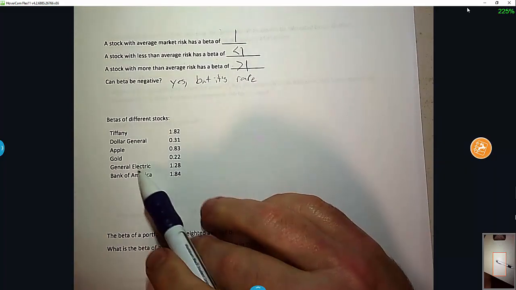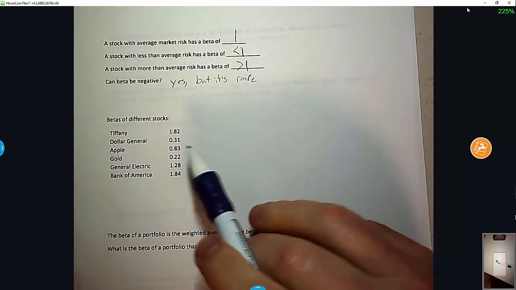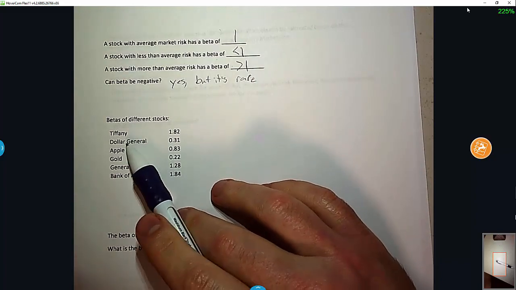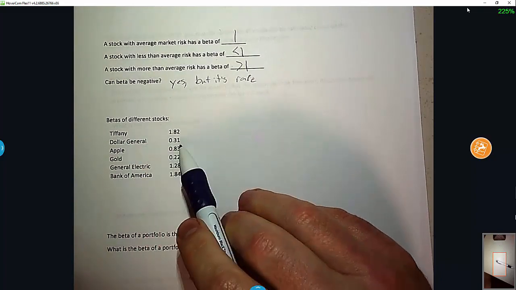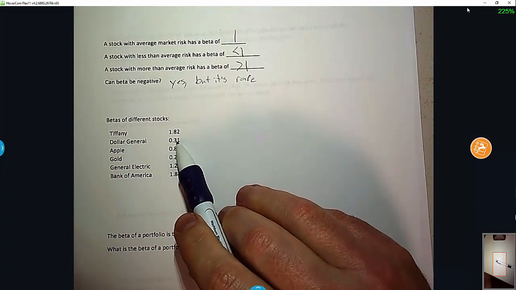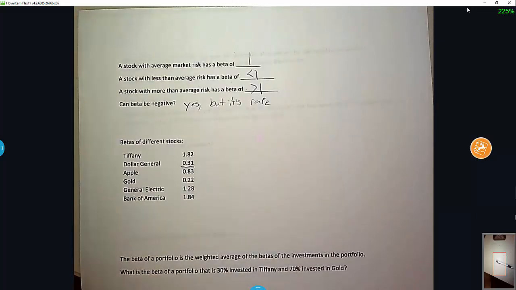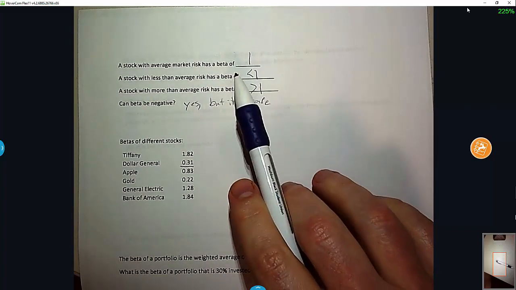It made it hard to get the beta for the firm. But Dollar General is a very close company to Family Dollar. You can see here that the beta for Dollar General is very low. And we'd expect that because, like I said before, it's somewhere between counter-cyclical and a non-cyclical company. So it has a low beta. It doesn't move much with the market.